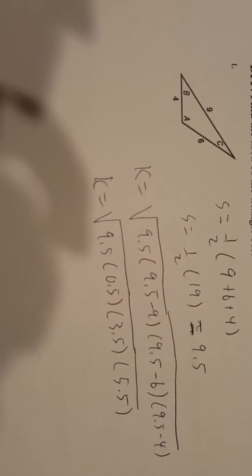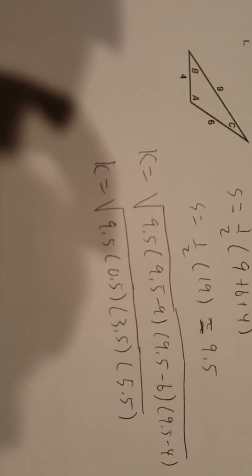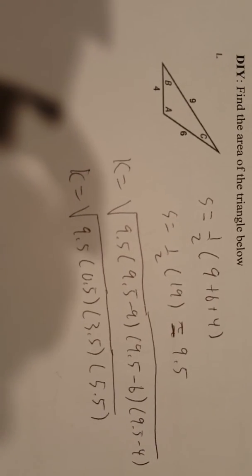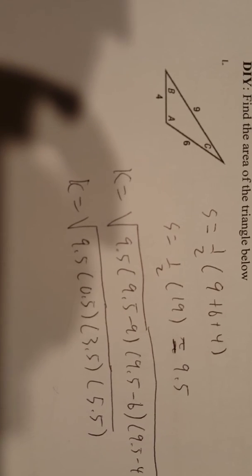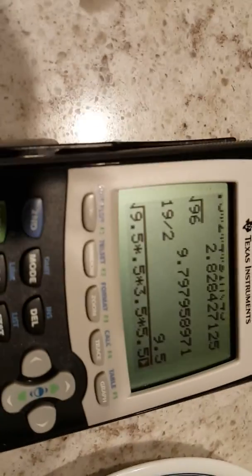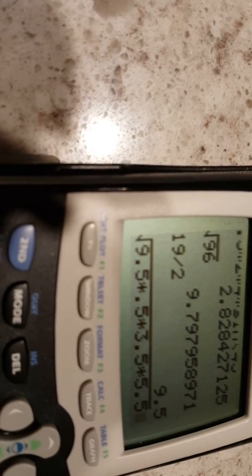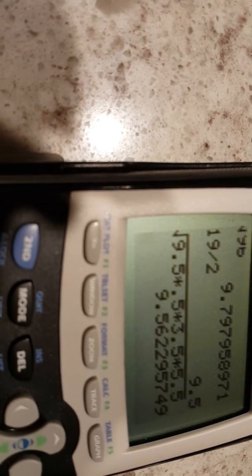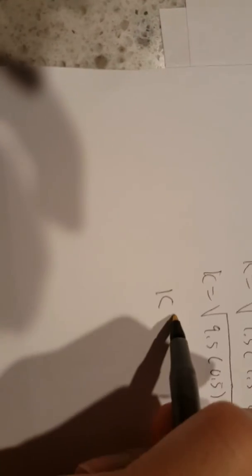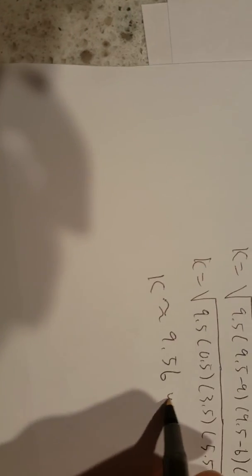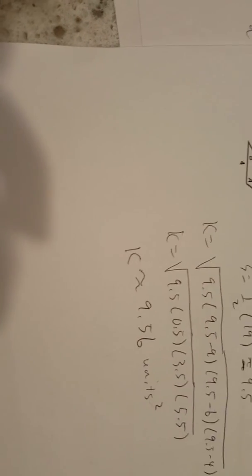Okay, and then I just put that in the calculator. This is the one time where if I put it into the calculator, you could just go ahead and keep everything underneath the square root. And so your area here is about 9.56 units squared. So hopefully that's pretty straightforward.